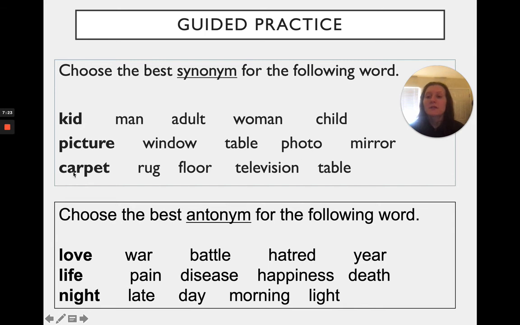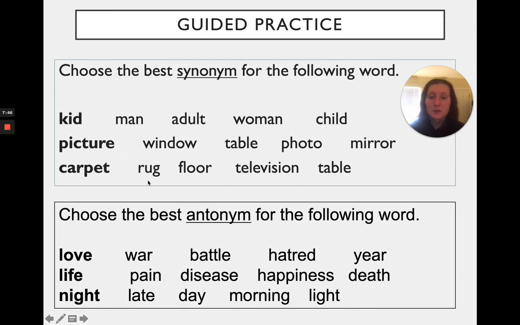All right, and the last one for our top box is carpet. So we have rug, floor, television, or table. So for carpet, we would say floor. So these are almost the same thing.